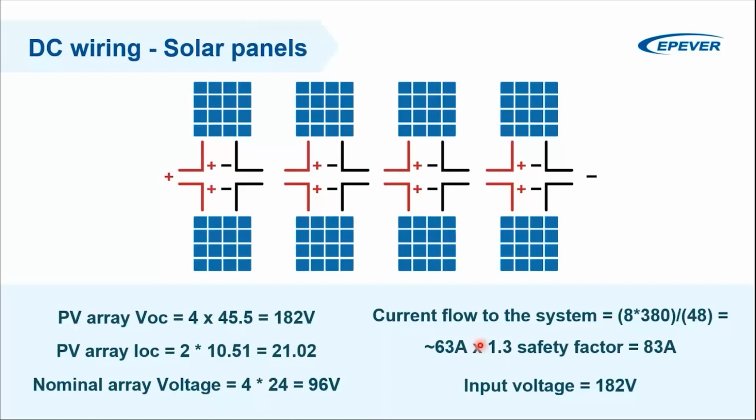Although our current is never going to exceed 63 amps, I'm going to choose 83 as the current rating for my cabling and fusing system, considering only the solar panel part. And the voltage will be something like 182 volts. This will help me identify the requirements for the fuses and the wires.